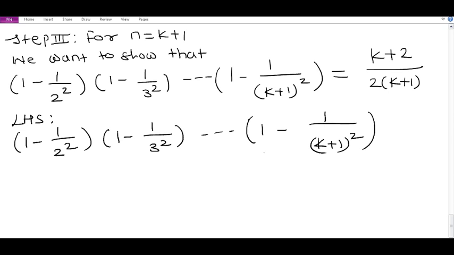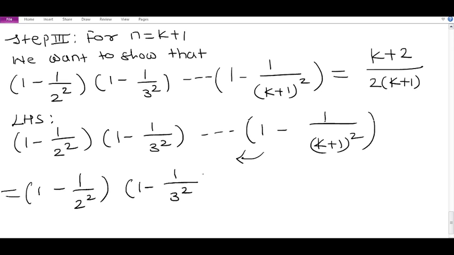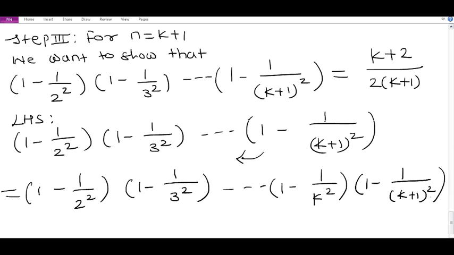Now the term before this term is, this is equal to 1 minus 1 upon 2 raised to 2, 1 minus 1 divided by 3 raised to 2, up to 1 minus 1 divided by k raised to 2, and this term as it is, 1 minus 1 divided by k plus 1 raised to 2.